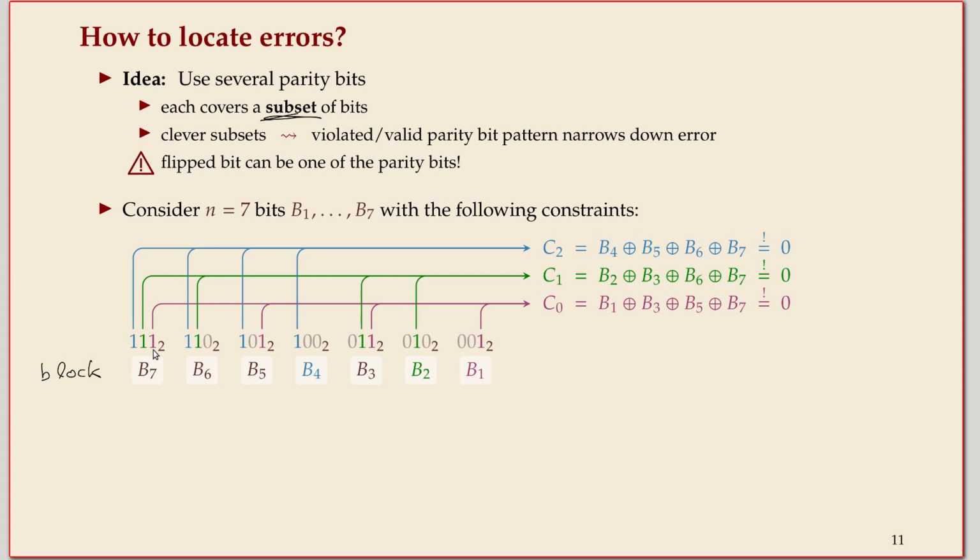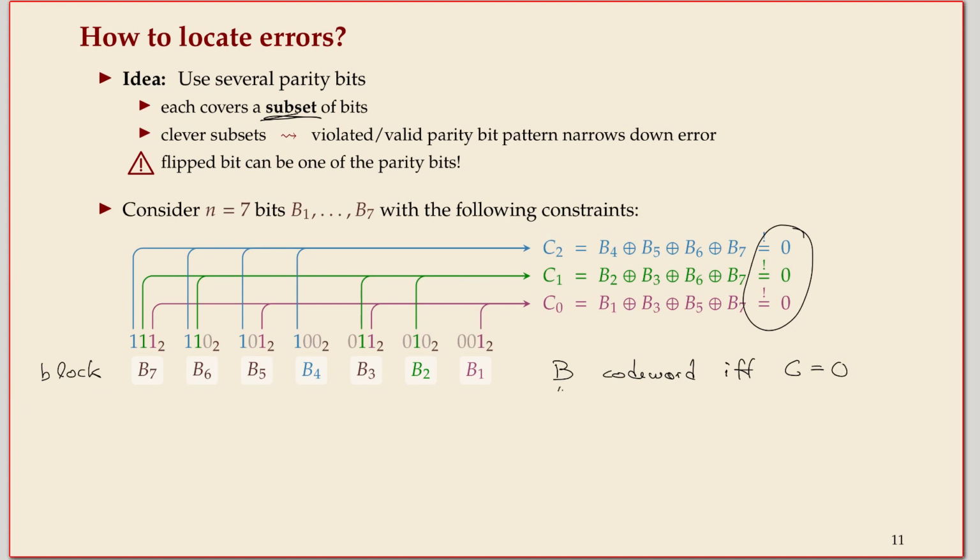Now, what does that mean? We take these 7 bits, and I say a code word has to satisfy this. So B is a code word if and only if C is 0.